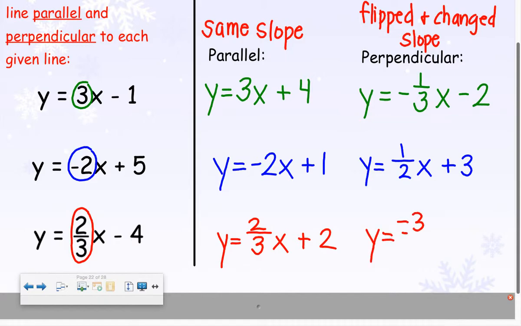So that'd be negative 3/2. We'll say negative 1 is our y-intercept. So the big thing when you're creating lines that are parallel or perpendicular is paying attention to those slopes. Parallel equations have to have the same slope. Perpendicular equations have to have a flipped and changed slope.